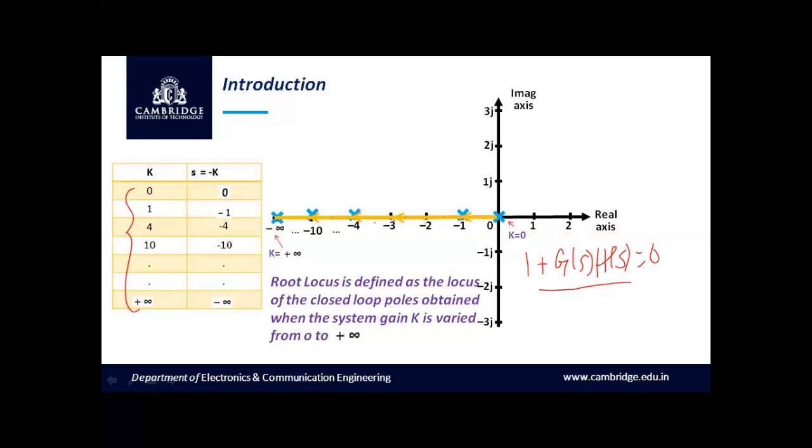Hence, it is very clear that whatever roots are present on the root locus should satisfy this characteristic equation. Let us look in detail at the concepts of angle and magnitude condition.